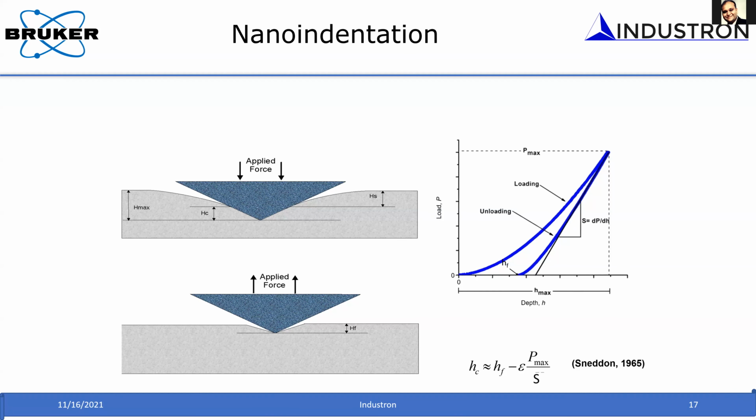For example, you take a probe, I mentioned a three-sided pyramidal probe or a conical probe, whatever the shape is, it doesn't matter. When you press it onto a sample, you are displacing a volume of material depending upon the volume of the cone or the pyramidal indenter that you use. So the displaced volume of this material has to be accommodated somewhere.